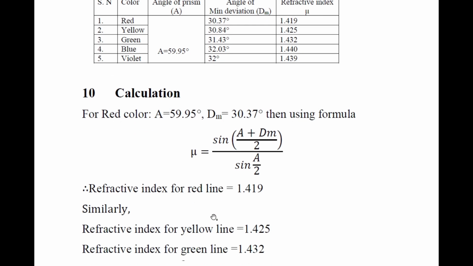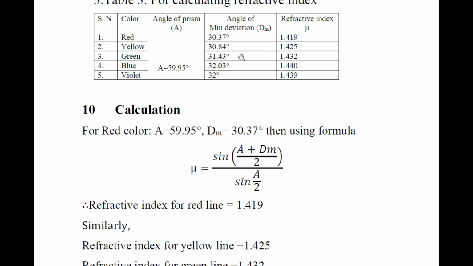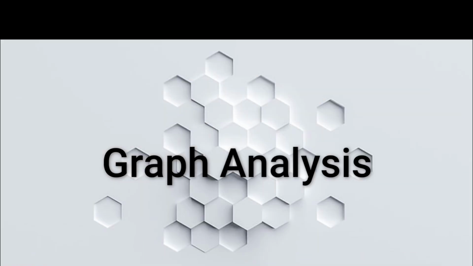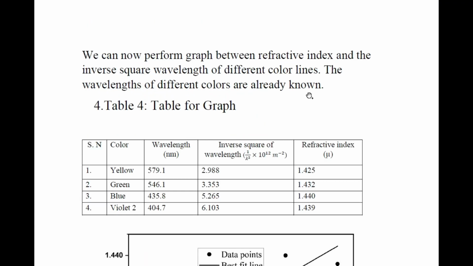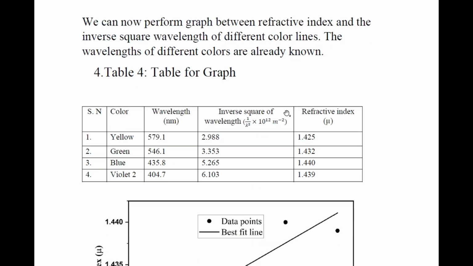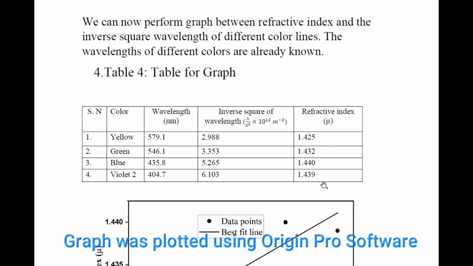So we have calculated the refractive index for the red, yellow, green, blue, and violet lines. In the simulator page we are provided with the wavelengths for yellow, green, blue, and violet too, so we'll be using the refractive index for those only, excluding the red color.